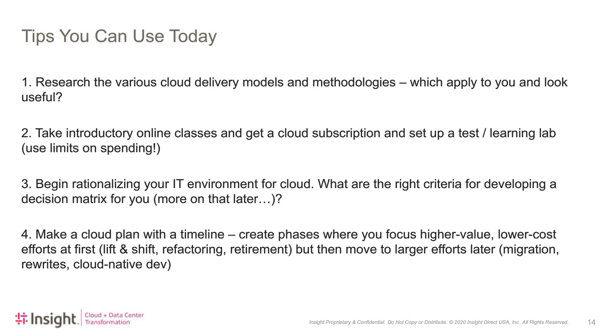Begin rationalizing your environment. So that's the alignment process that I talked about. What is the criteria for developing the decision matrix for where applications should go? And then make a plan with a timeline, knowing that it's going to be a living document and it's going to change based on your maturity and the needs of the business, your ability to transform.